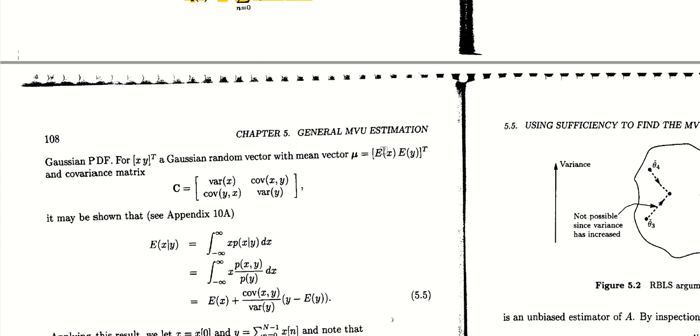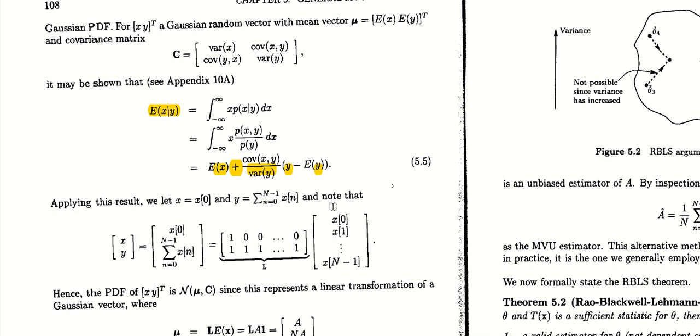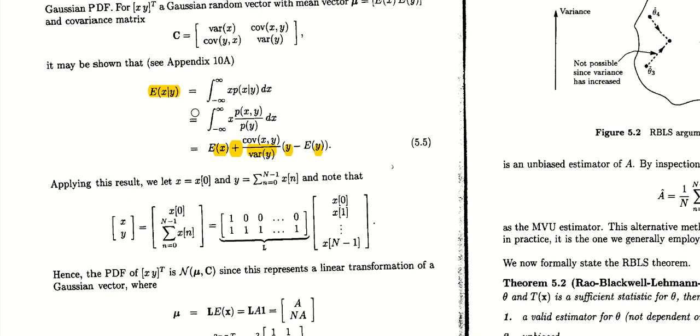You need a mean for each variable, and you need variance and also covariance. Then there will be the expectation of x conditioned on y. In fact, this is an identity, a probability identity. But if it's not clear, there will be an appendix to prove it.